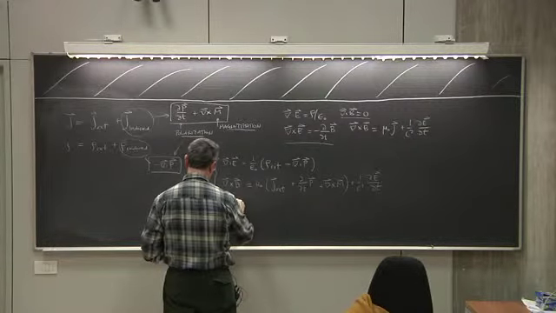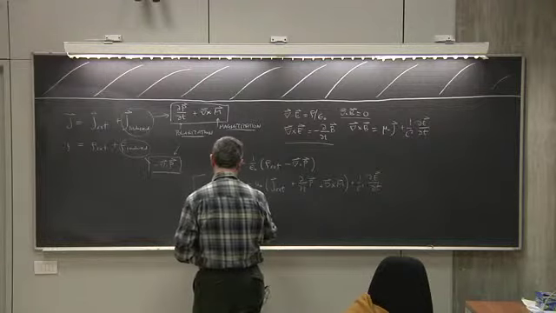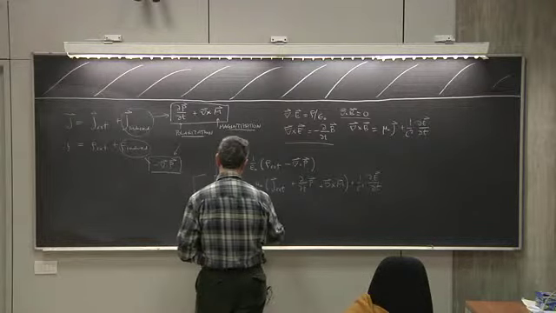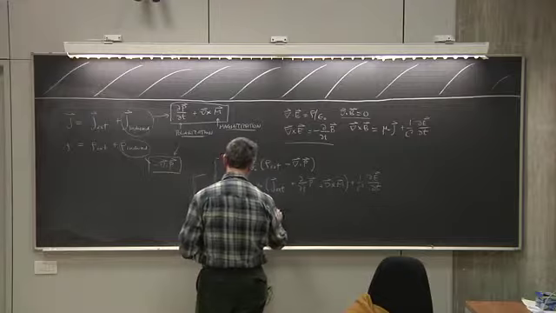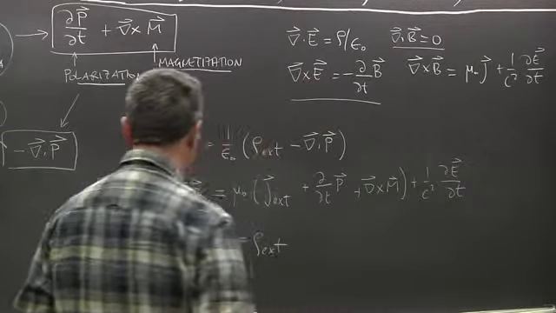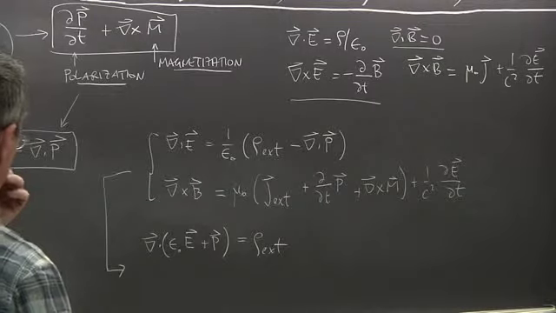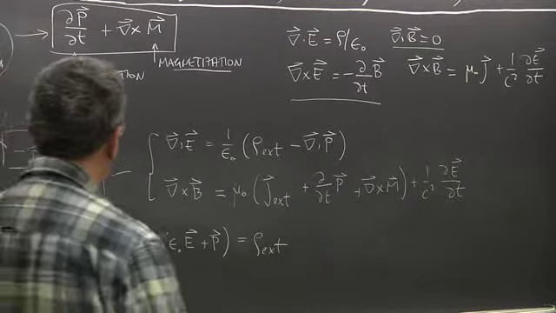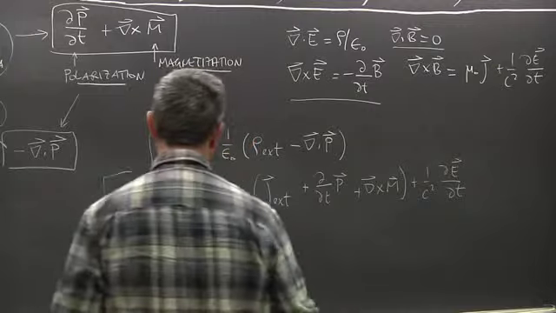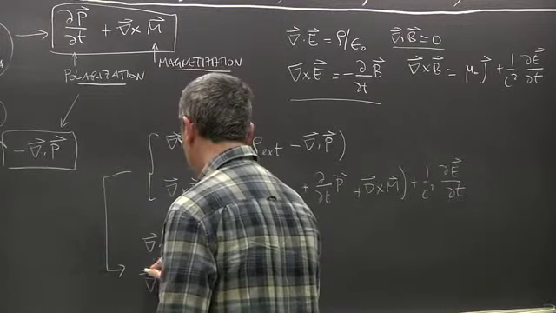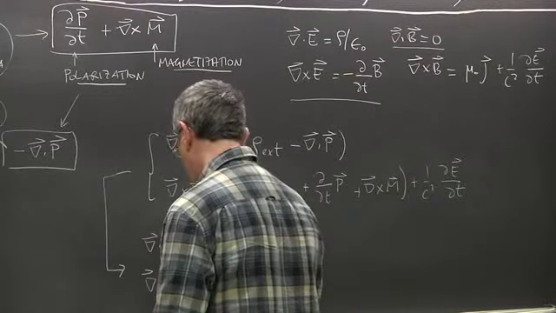So I think I wrote it like this, epsilon naught E plus P equal to rho, right? And for the other one, I take the curl, but it's the curl of what?